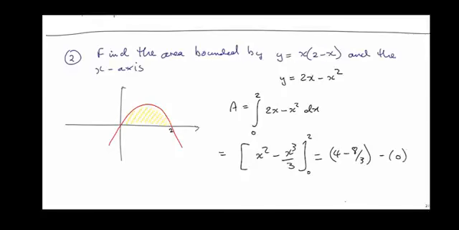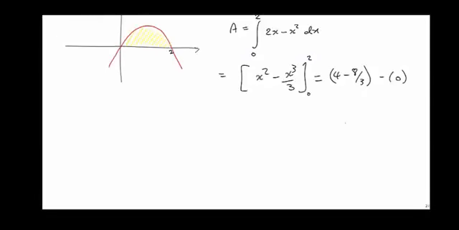Substitute 0, we get 0. And so 4 minus 8 thirds is 12 minus 8 over 3, which is 4 over 3 square units.